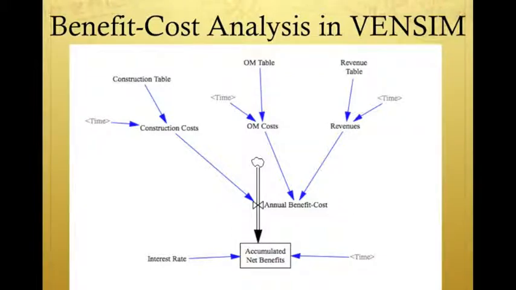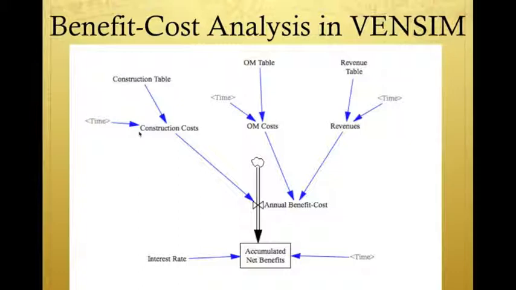Now let's see how we do benefit cost in Vensim. Imagine that you have, and this is a sketch of a model in Vensim that you can look at as well in the directory for the lecture, a project that has some costs associated with it, mainly construction.